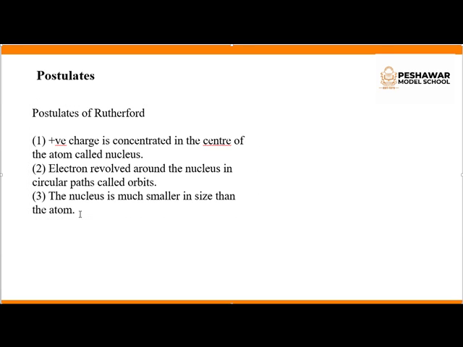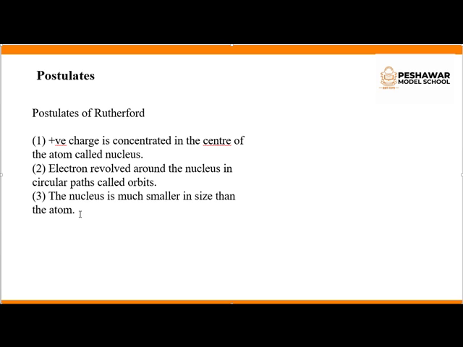Rutherford gave some points which are called postulates, or the main points. Number one, the atom consists of a positively charged central portion called the nucleus, which is present in the center of the atom and contains protons and neutrons.